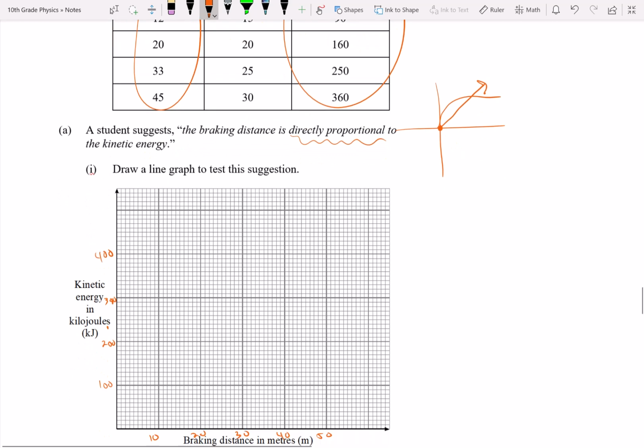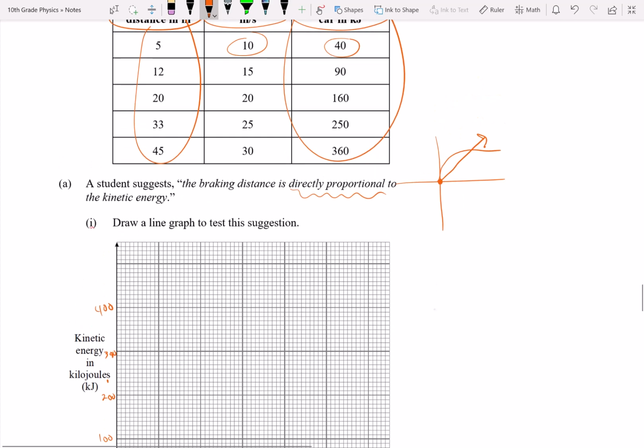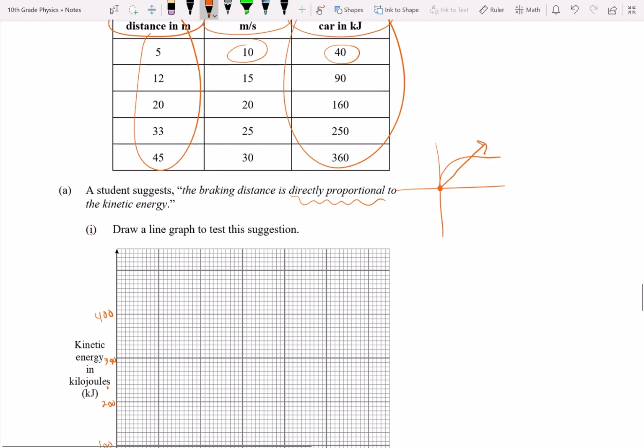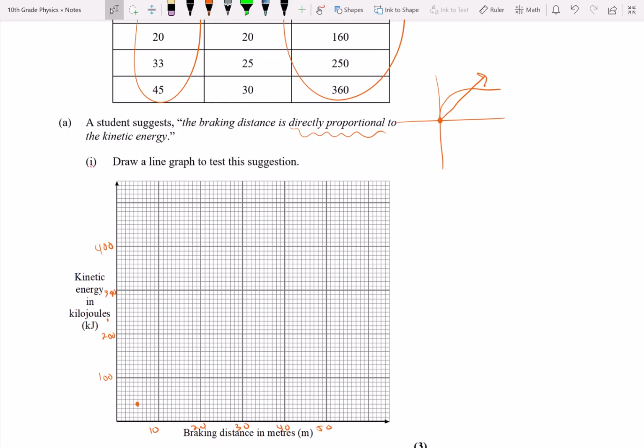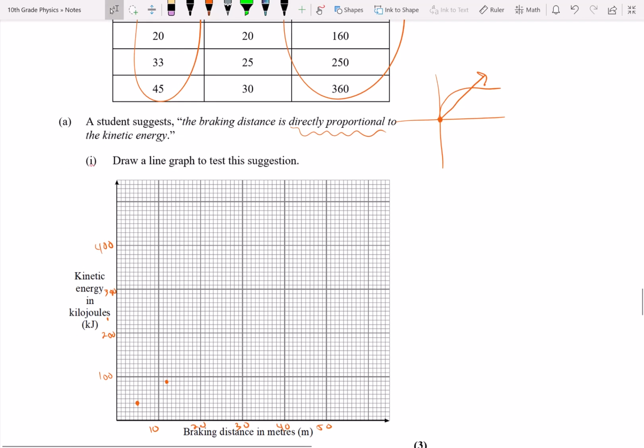We're just going to graph some points. 540, so 1, 2, 3, 4, 5. 40 is 1, 2, 3, 4 right there. And we practice graphing in some of our lab stuff, right? 1290, 12 and 90 is there. And 20, 160: 110, 120, 130, 140, 150, 160.